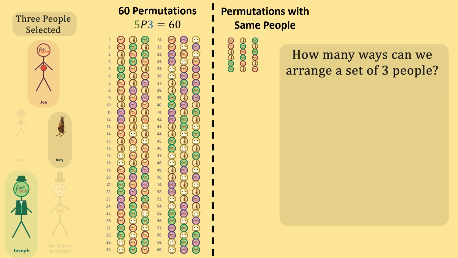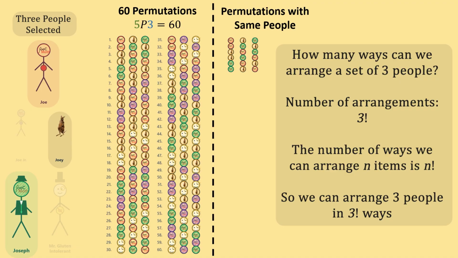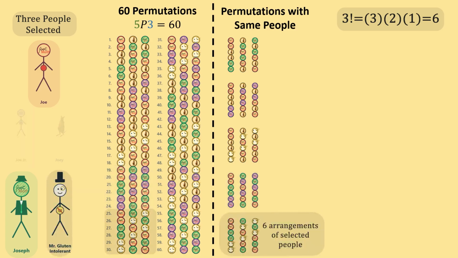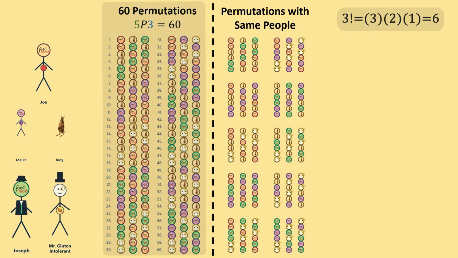The number of ways we can arrange 3 people is 3 factorial. That comes from just the definition of factorials, right? The number of ways we can arrange n items is n factorial. So the number of ways we can arrange 3 people is 3 factorial. And 3 factorial is equal to 3 times 2 times 1, which is equal to 6. Each unique subset of 3 people is being counted 6 times inside the permutation count.